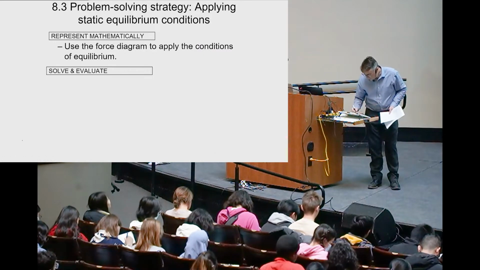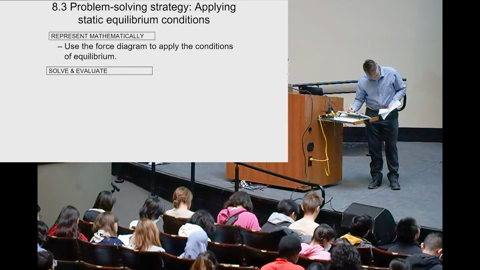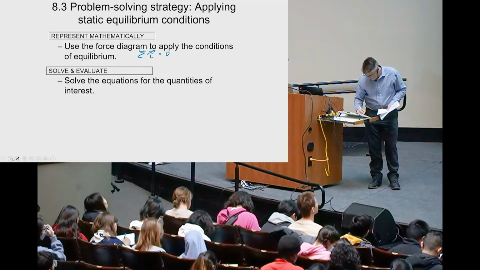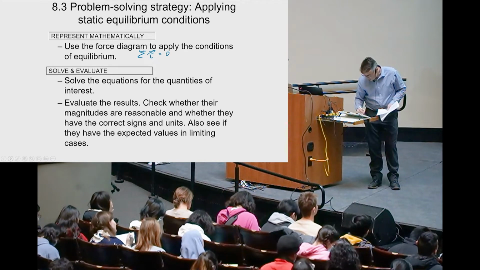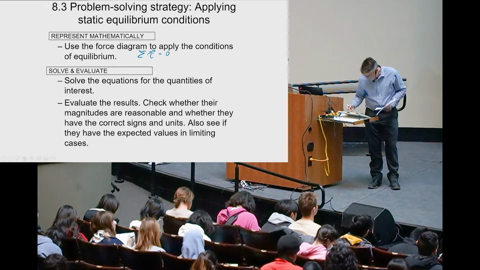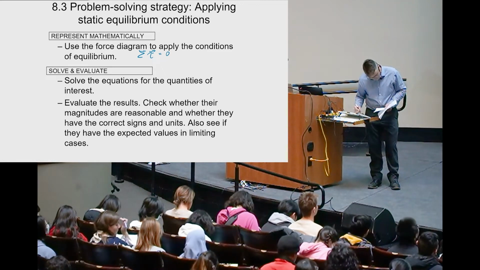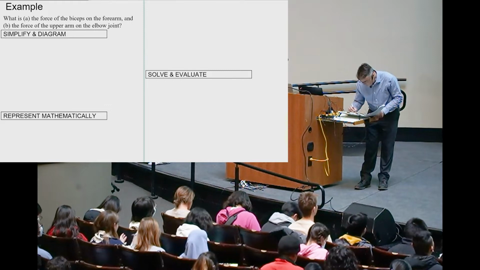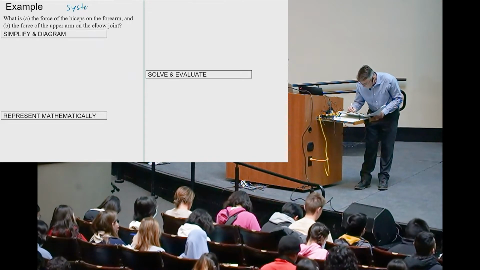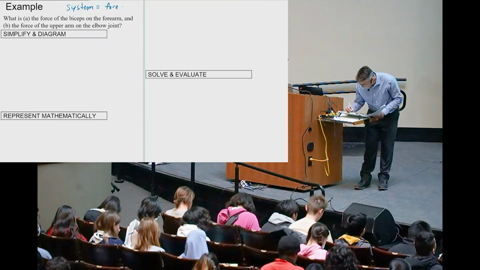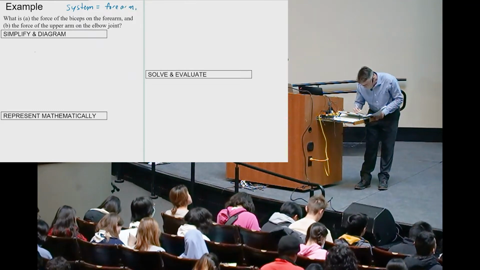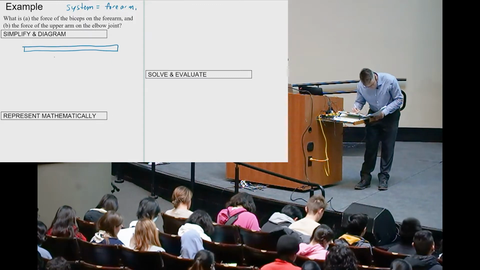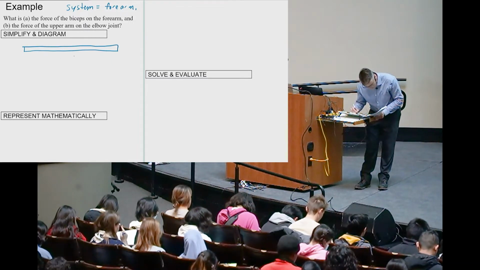So represent mathematically is just that simple equation. Torques equals 0. Solve the equations for the quantity of interest, look at the results, check whether the magnitudes are reasonable, et cetera, limiting cases. So let's just do it. What I'm going to do is define the system as the forearm. And I'm going to start by simplifying, like diagramming it.